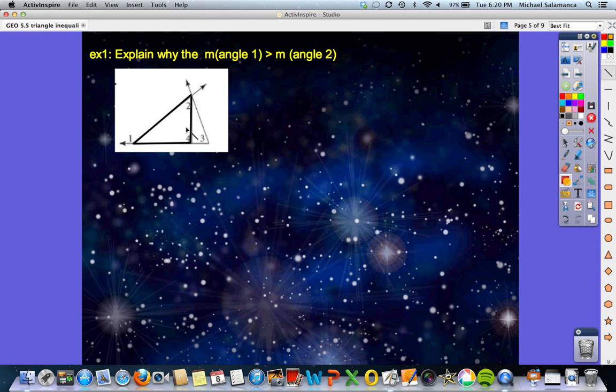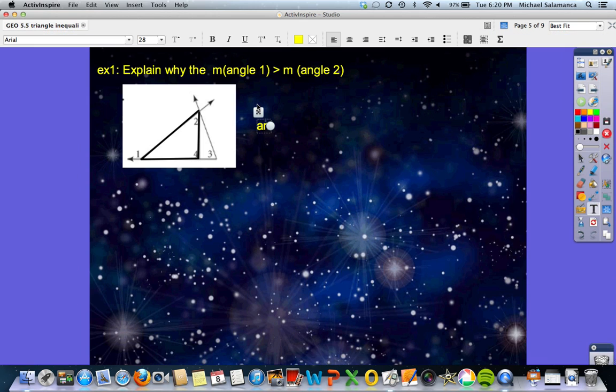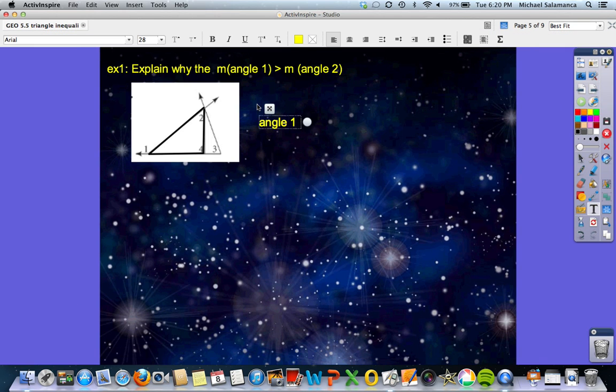That's composed of angle 2, angle 4, and the angle that's supplementary to angle 1. Now remember that angle 1 is equal to the measure of angle 2 plus the measure of angle 4. So if that's the case, then angle 1 has to be greater than the measure of angle 2 because it is angle 2 and angle 4 combined.